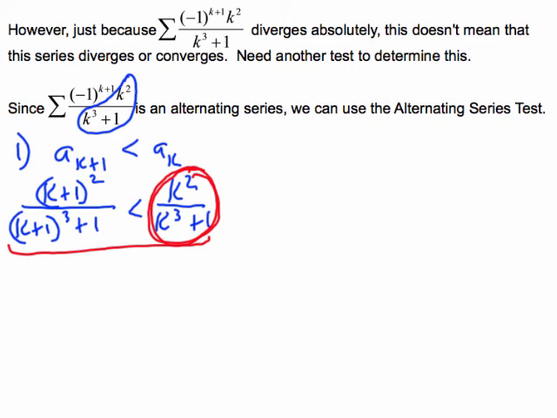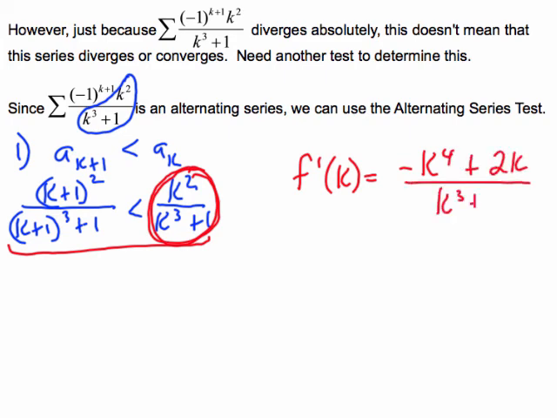So I've worked the derivative out here in advance. The derivative is this. And if k is positive, the denominator of the derivative is positive. On the top, if k is 1, I would get a positive number there.